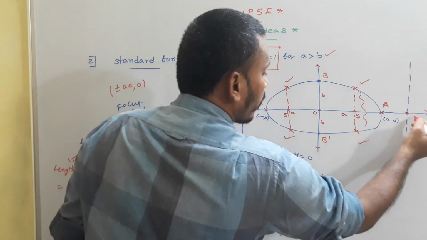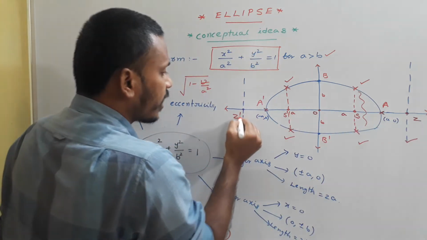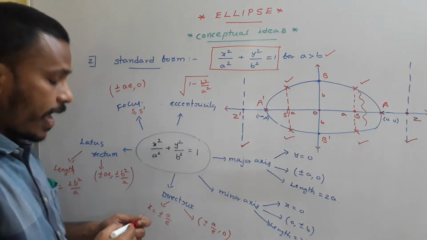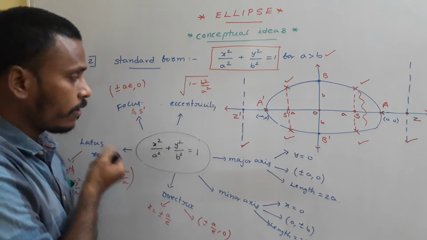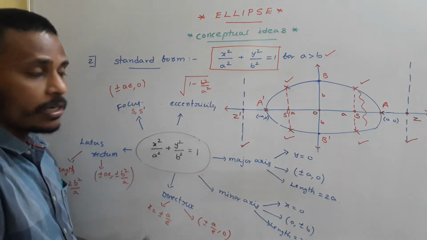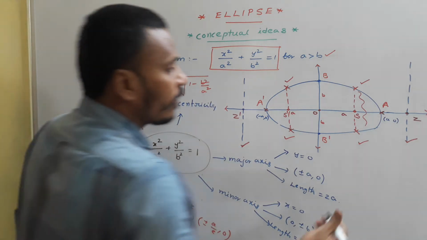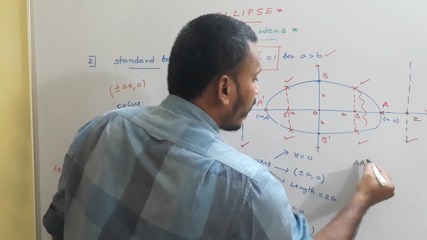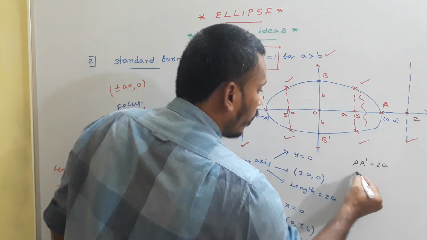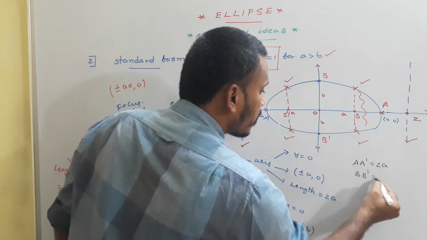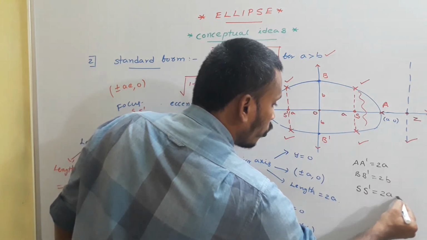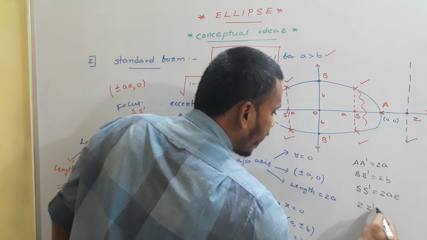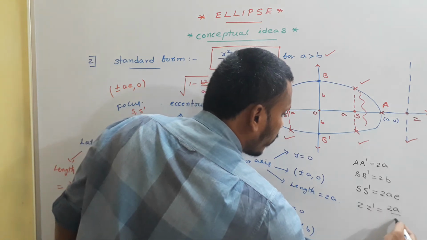If these are Z and Z dash, intersections of directrix with the axis, what is the distance ZZ dash? Everything we need to memorize. If you have an idea about all these points and about the picture, then it is easy to mention AA dash equals 2a, BB dash equals 2b, SS dash equals 2ae, ZZ dash equals 2a by e.